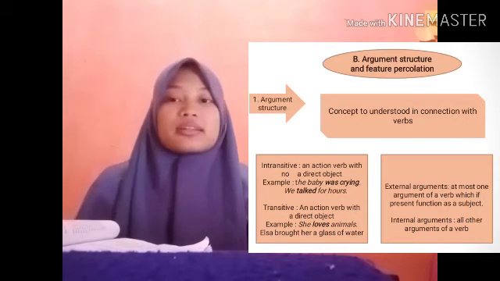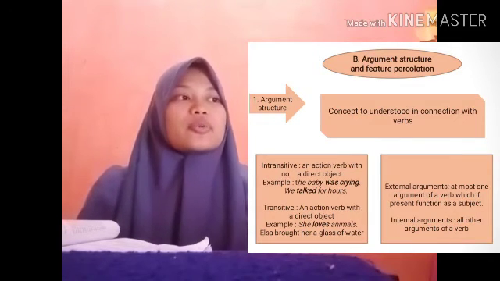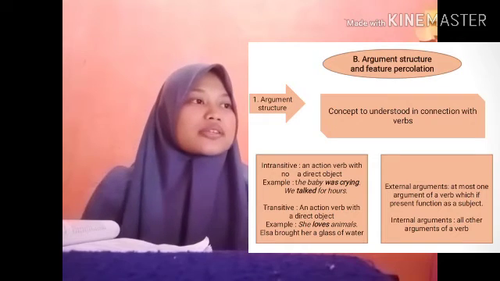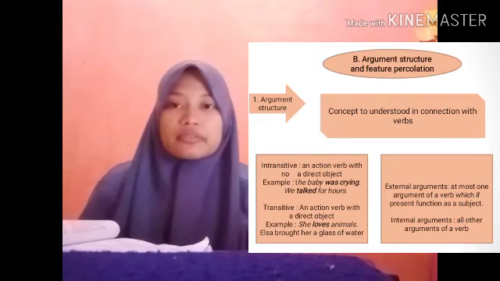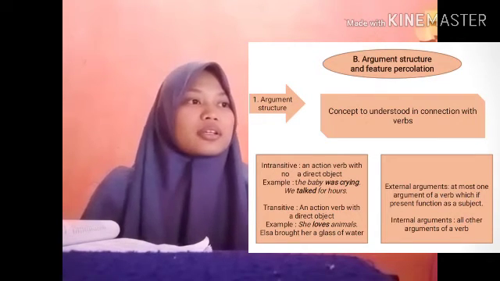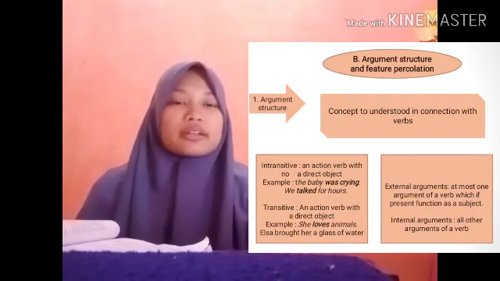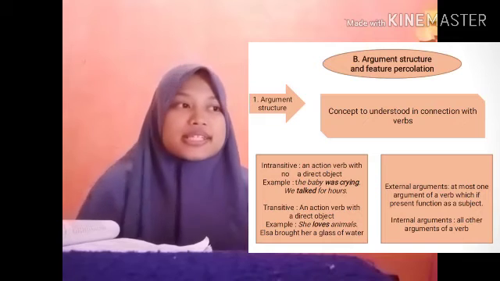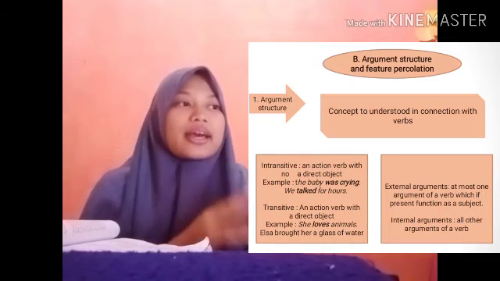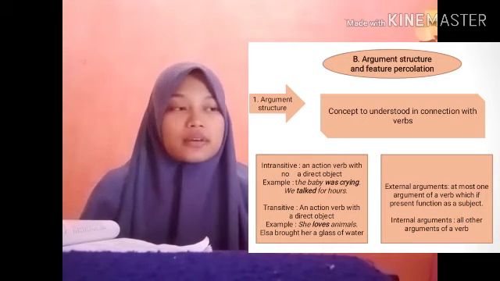The examples are the baby was crying and we talked for hours. There is no direct object after the verb. And then a transitive verb is an action verb with a direct object, for example, she loves animals. Animals is the direct object of loves.